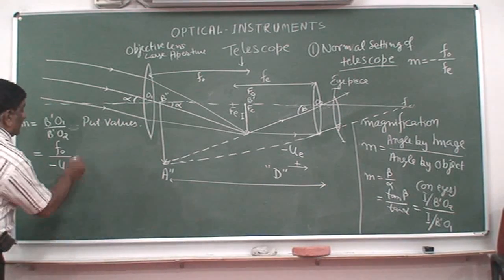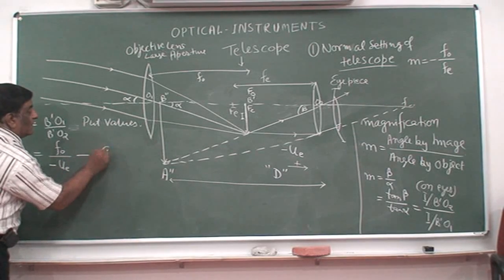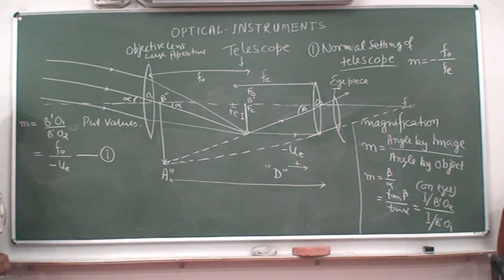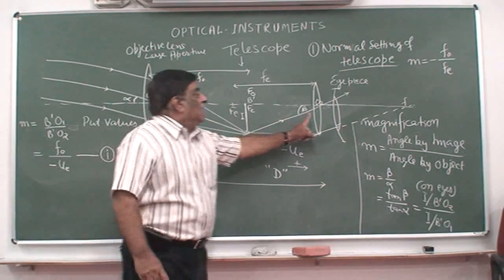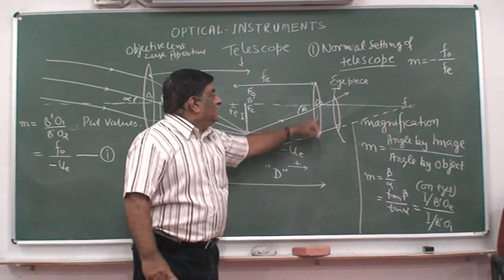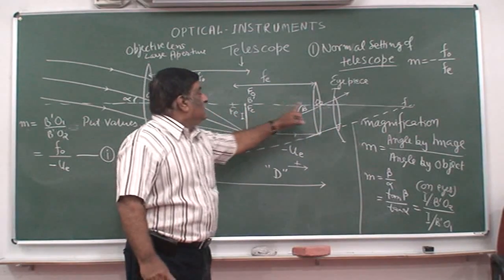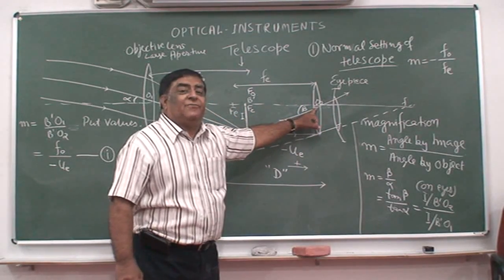So we have to find something for 1 upon UE, or FO upon minus UE. For that we take this lens singly. Where is the V?